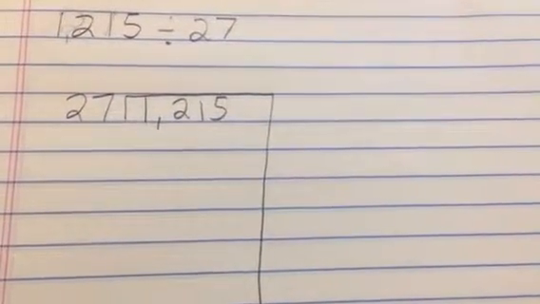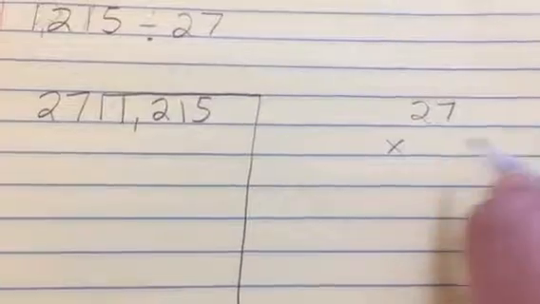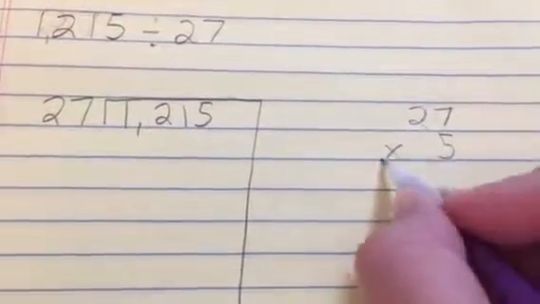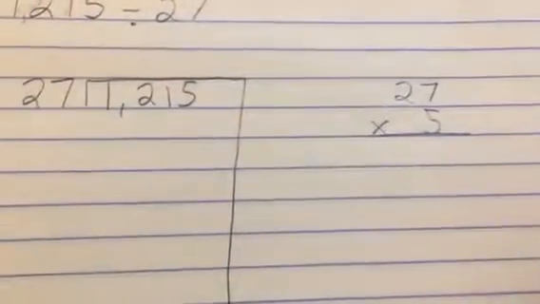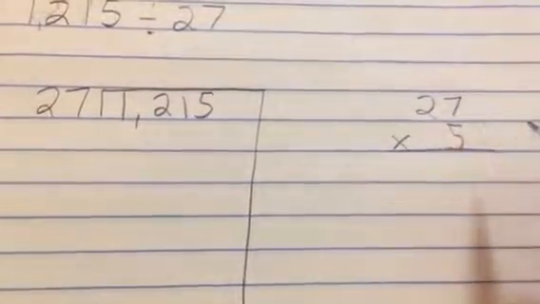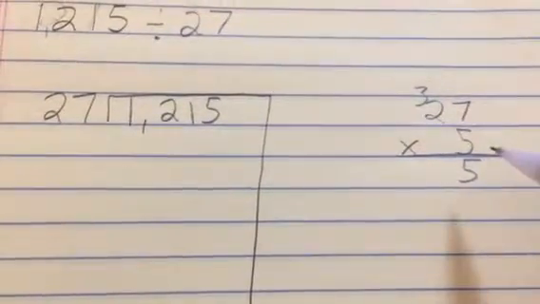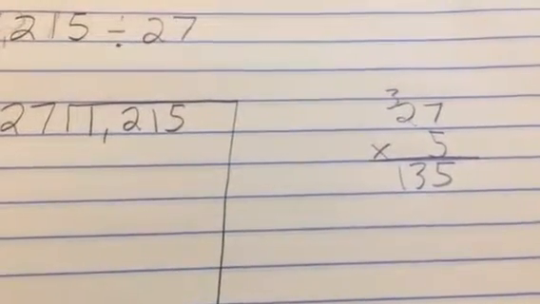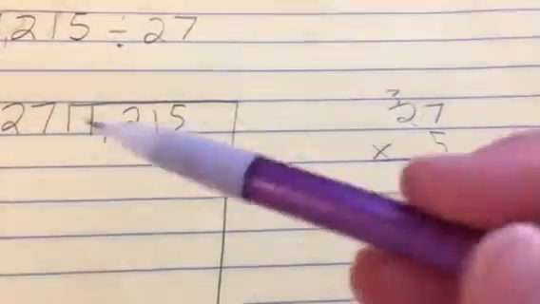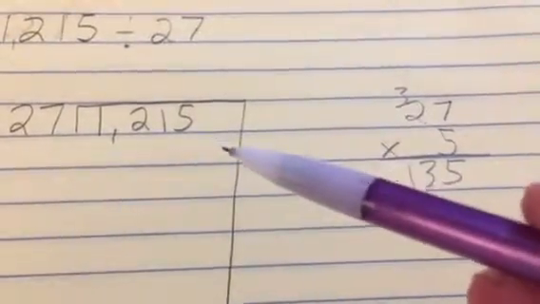Let's try 27 times 5, because I want to see if we could do 27 times 50. 7 times 5 would get us to 35. 5 times 2 is 10. 10 plus 3 is 13. So I'll get 135. So 27 times 50 would get us to 1,350, which actually would be too large.